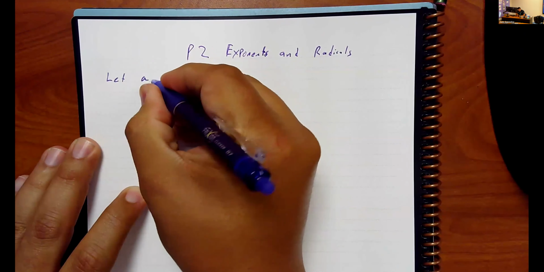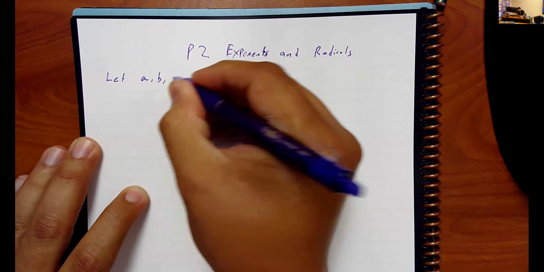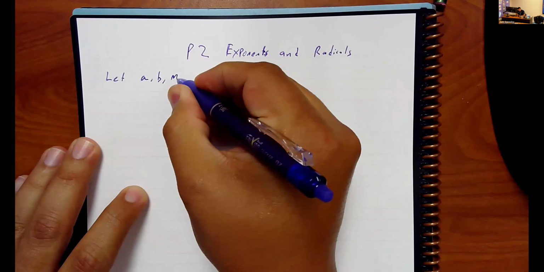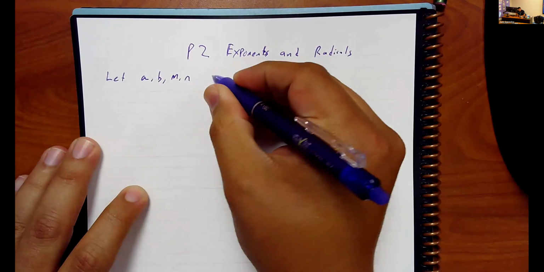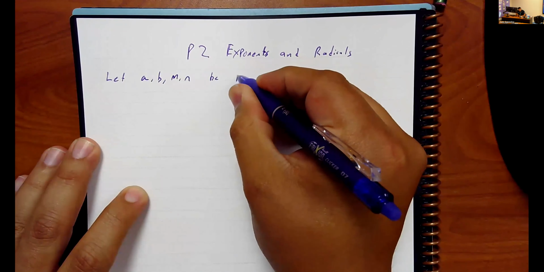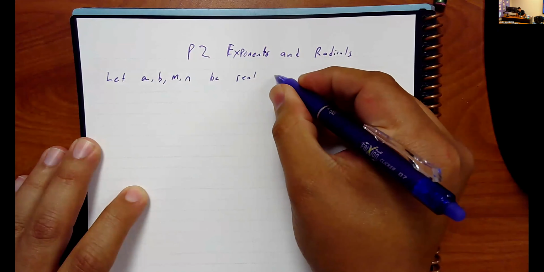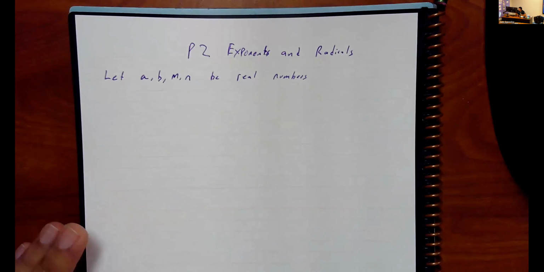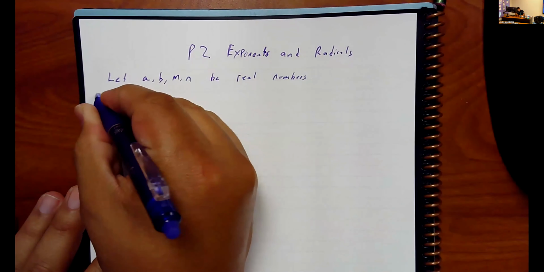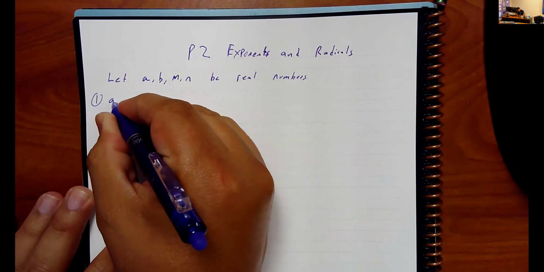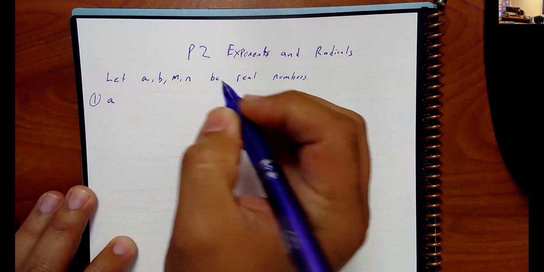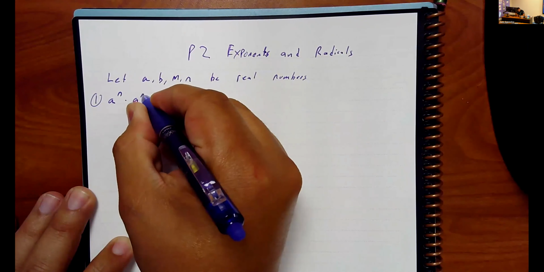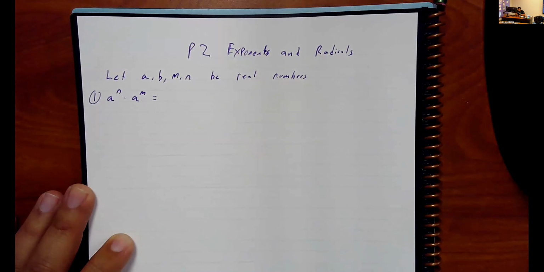Let A, B, M, and N be real numbers. So number one, A to the N times A to the M. What happens when you multiply?